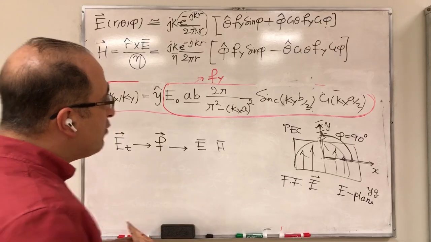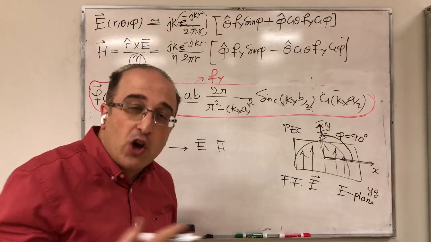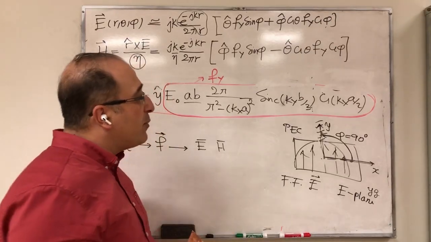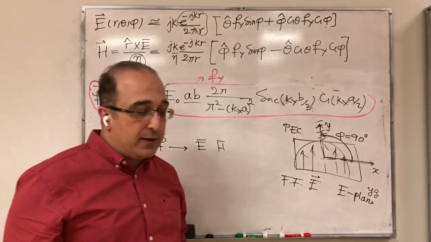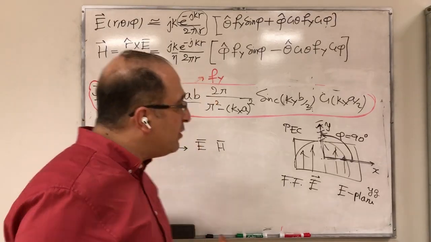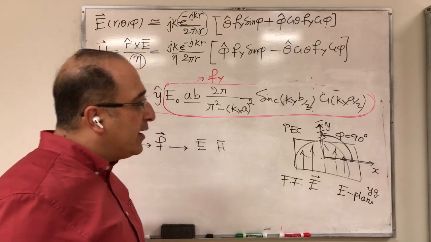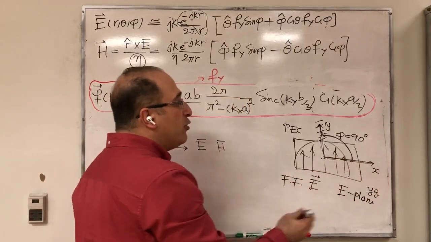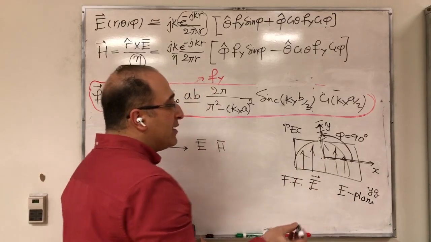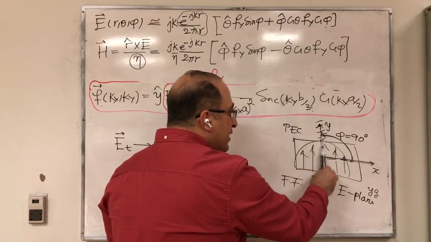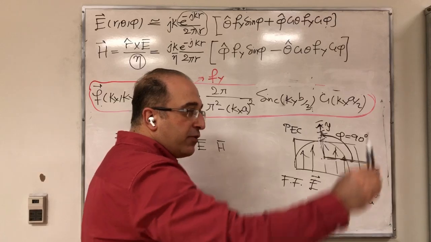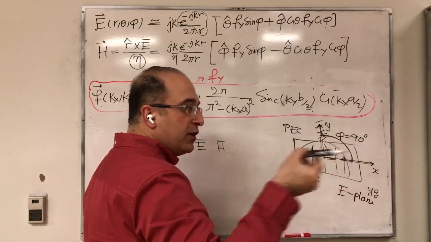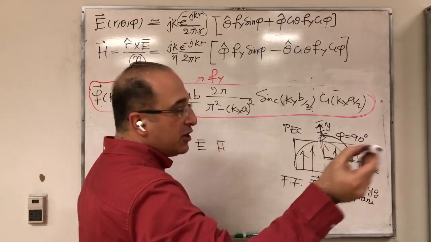Now, similarly, I want to start today's lecture by completing what was left from the previous lecture, and that's the H plane. The H plane contains the direction of maximum radiation, which is Z, and also the direction of the magnetic field. So if this is my E in the far field, naturally the magnetic field would be like that, and this is the direction of radiation.